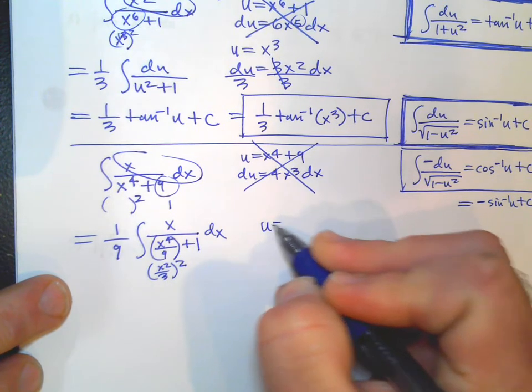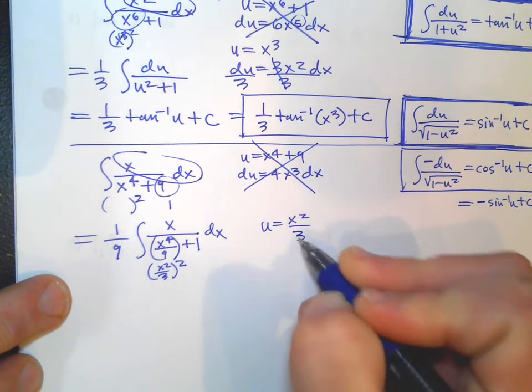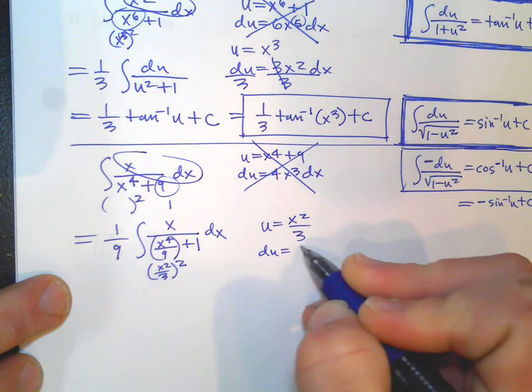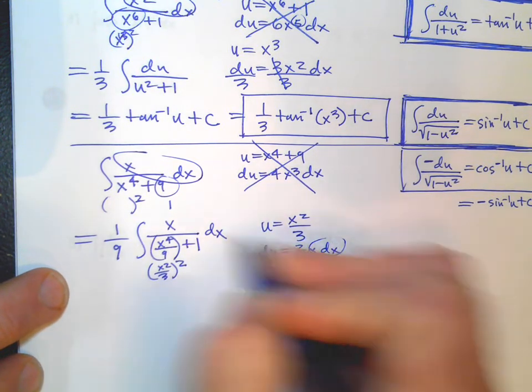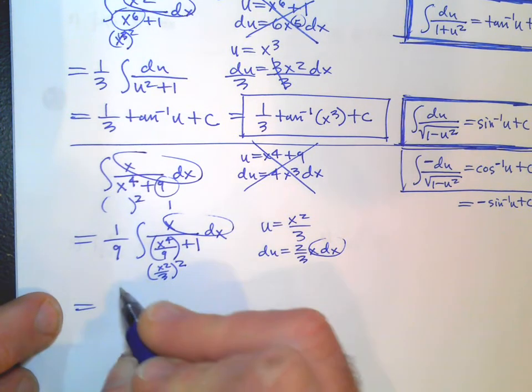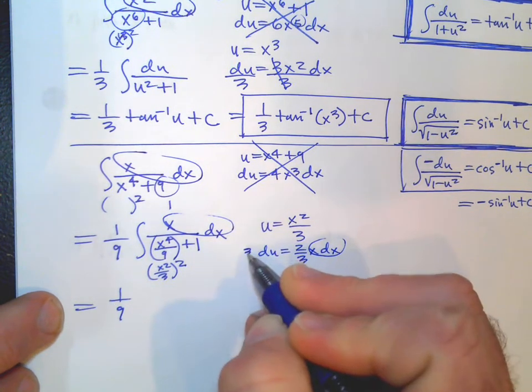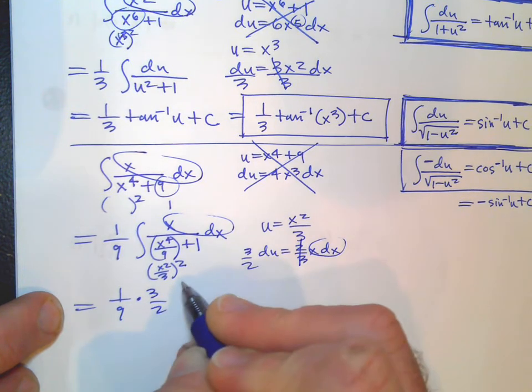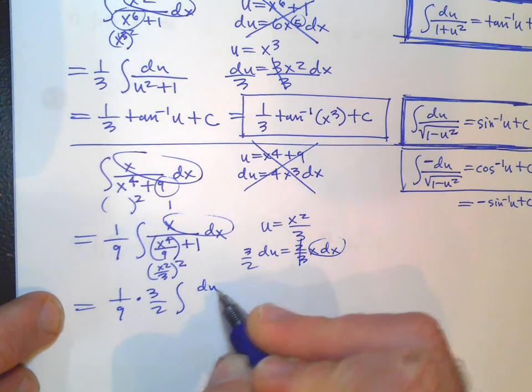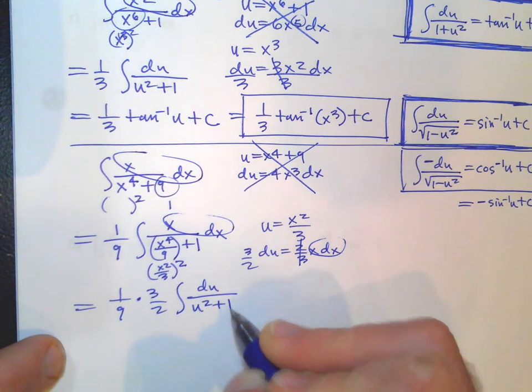So u equals x squared over 3, du equals 2/3 x dx, which is what we want. So we're going to have 1/9. I don't want the fraction, so there's another 3/2. Put it out front. du over u squared plus 1.